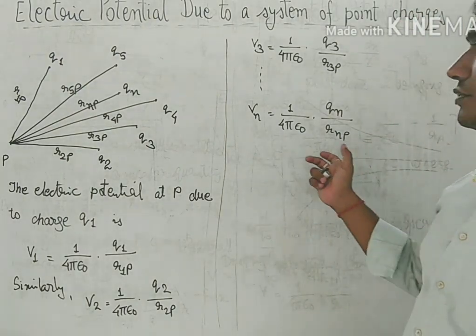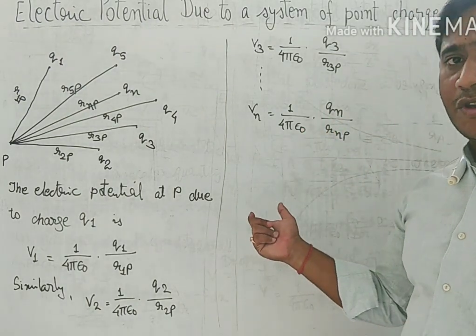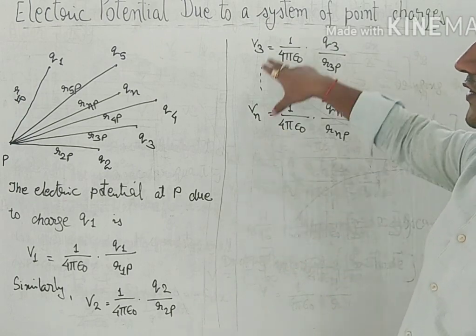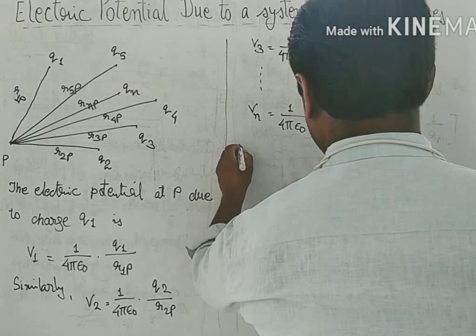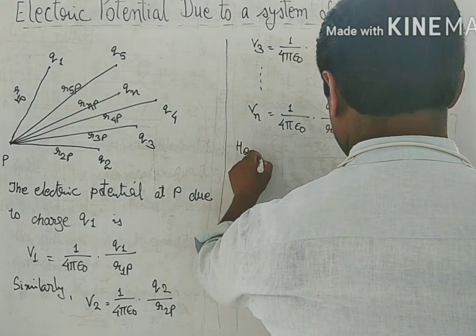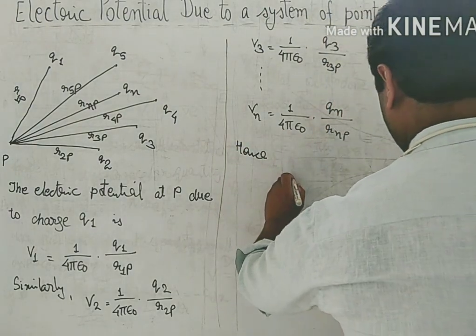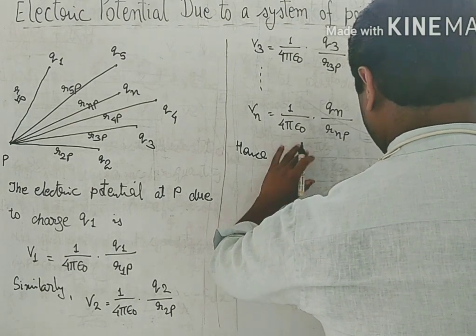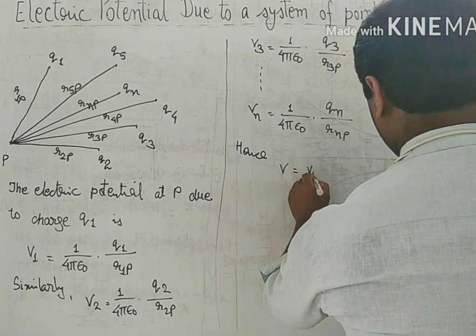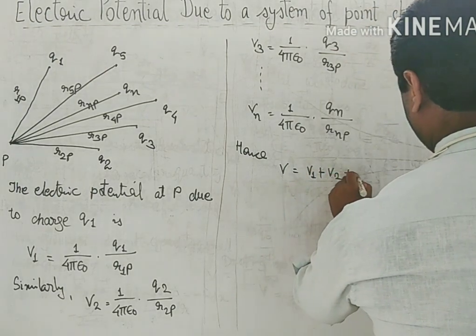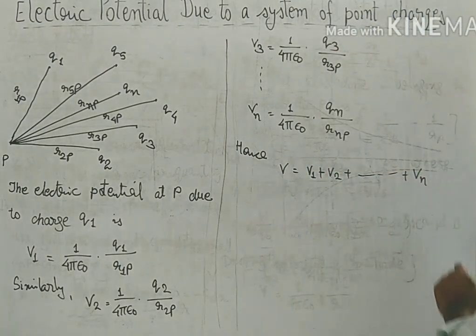Now we can apply the superposition principle. So just adding these all, we can have total potential at that point. So hence, potential due to this assembly we can write V equals V1 plus V2 plus Vn.